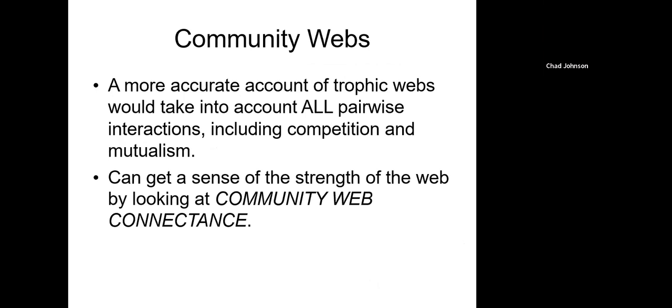In other words, even though we admit that species that have limited relationships might have really important relationships, oftentimes with a community web where there's hundreds and hundreds of arrows, we go to the species that have the most connectance. Rather than trying to understand all the pairwise interactions, we try to understand the ones that seem to be most impactful, quantitatively at least.